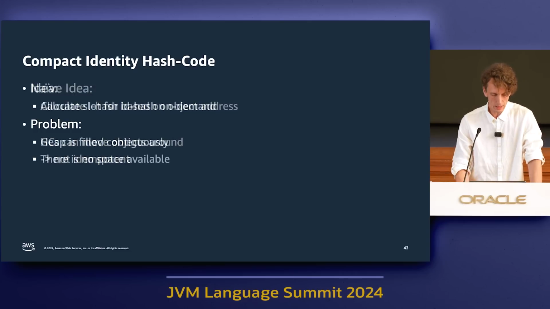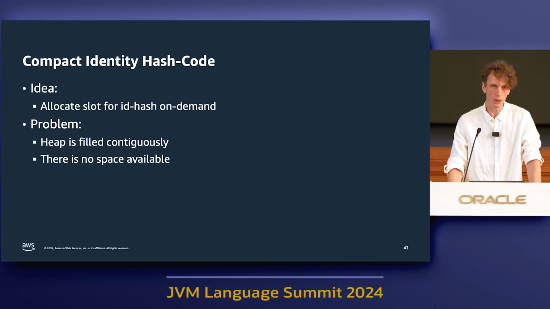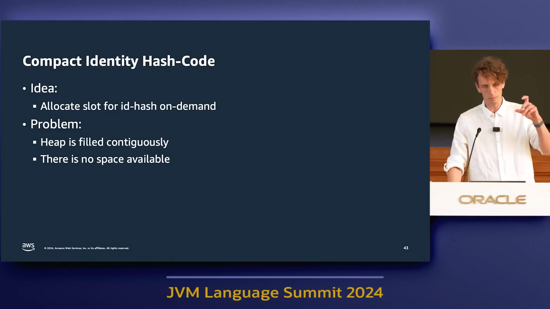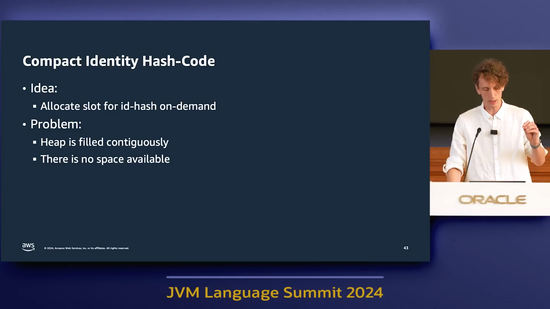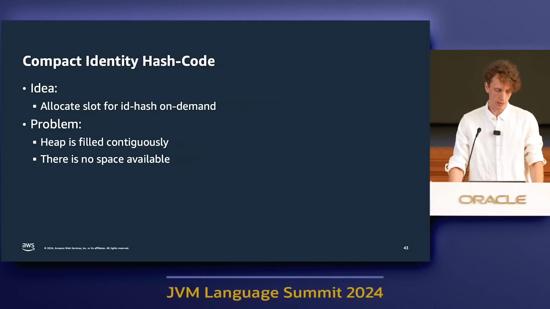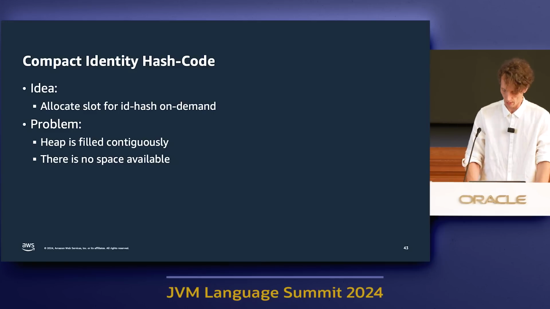So the next idea: could we allocate this slot on demand, only when System.identityHashCode is called? The problem is that the heap is filled contiguously, so most likely there's simply no space at the end of the object. There may be some if there's an alignment gap, but in the general case this is not possible.